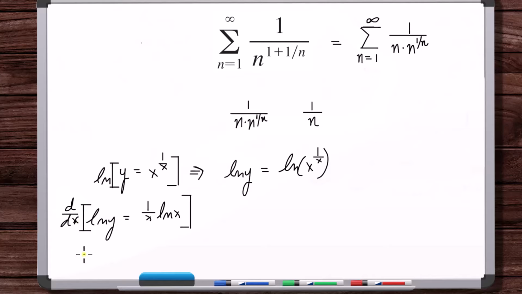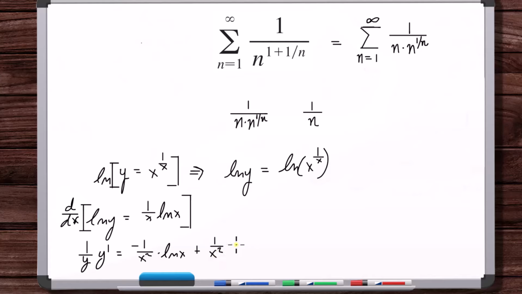So we've got 1 over y times y prime is equal to, all right, product rule: the derivative of the first times the second plus the derivative of the second times the first.